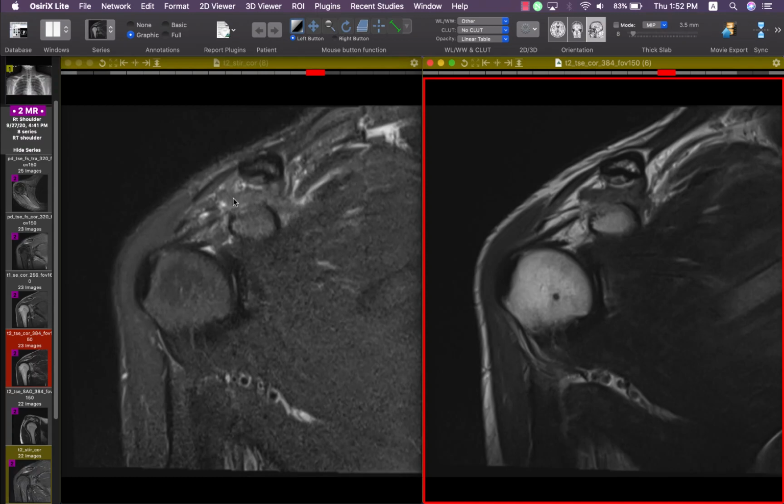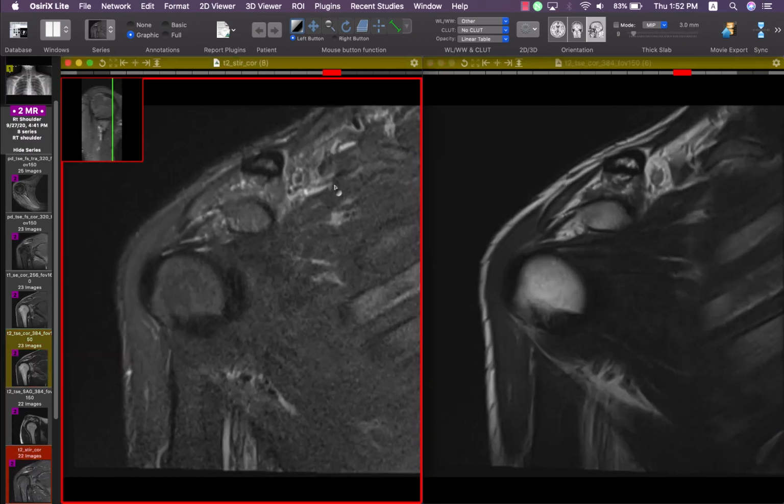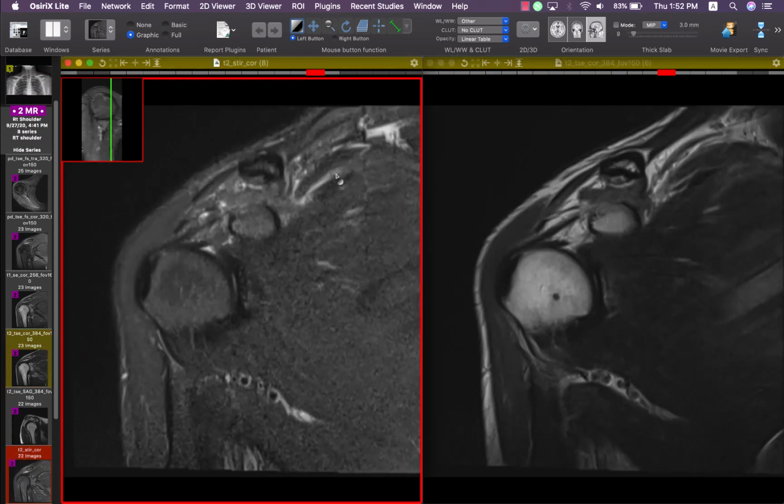So there is an injury of the coracoclavicular ligament, and this is one of the important points to look for, whether these ligaments are intact or not, because if they are injured, as in this case, this is considered stage 3 or grade 3 injury of the acromioclavicular ligament, and usually this is treated surgically.